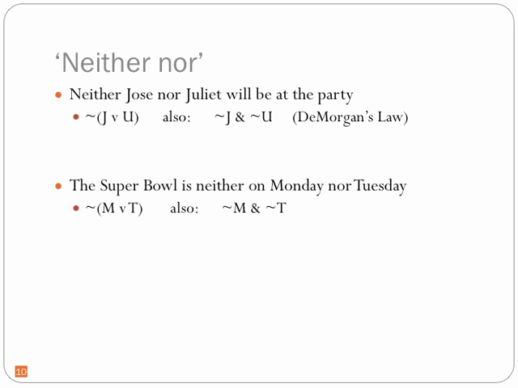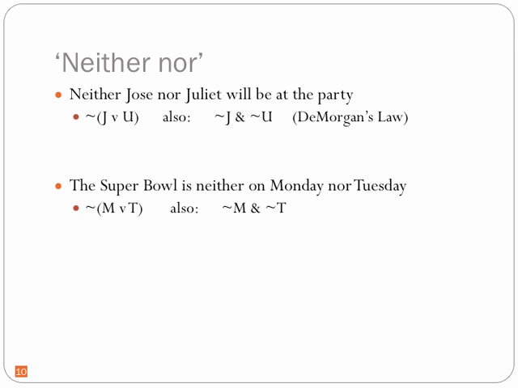Here's another instance of neither nor. The Super Bowl is neither on Monday nor Tuesday, right? That's something someone might say if you didn't know much about American football. I've heard about this big sporting event. It's televised. The advertisements are really hilarious and expensive. What day is it? Well, I'm not sure, but I know that it's not on Monday, nor is it on Tuesday. Well, you could express that as the negation, and then in parentheses M or T, right?